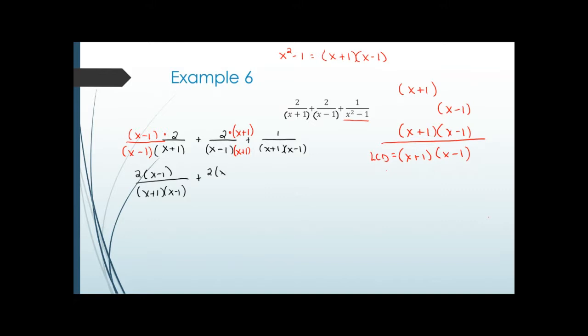Then I have plus 2 times x plus 1, so my denominator is x plus 1, x minus 1. Then plus 1 over x plus 1, x minus 1. So I'm just rewriting it, and flip-flopping some things so that everything is in the same order in the denominator.